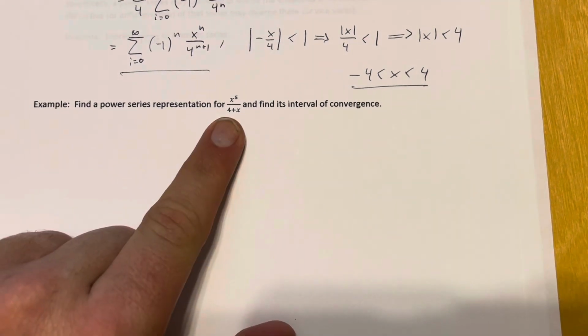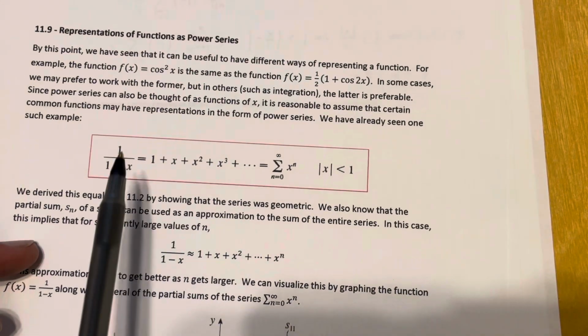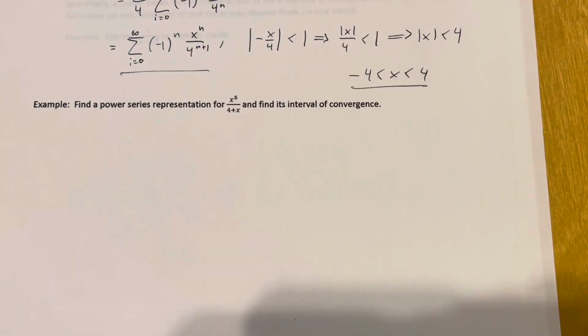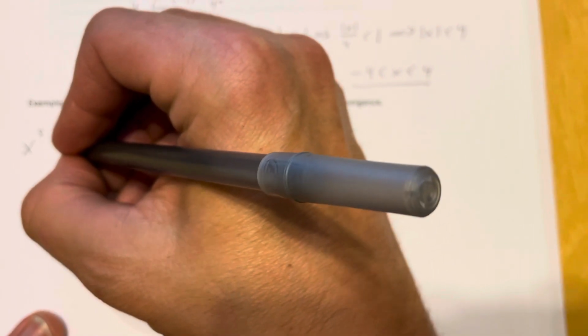So this guy, at first glance, is the least like the function that we started with over here. It's the first time I have something other than a 1 in my numerator. But it turns out dealing with this is not hard at all, because I can write that as x to the 5th times 1 over 4 plus x.